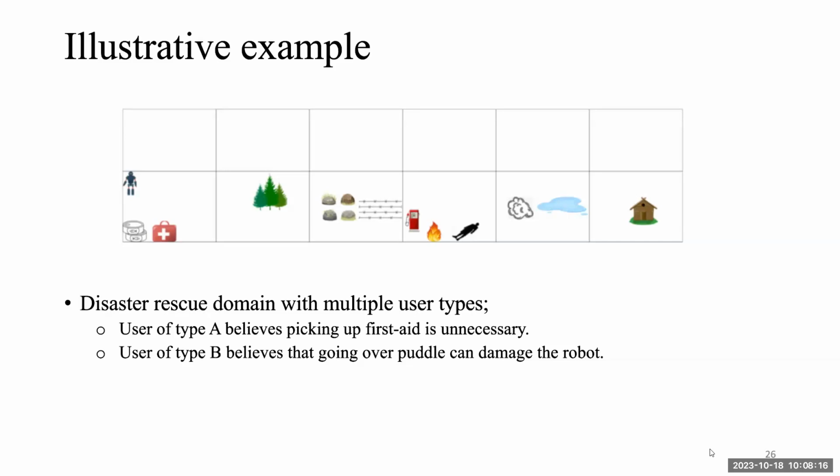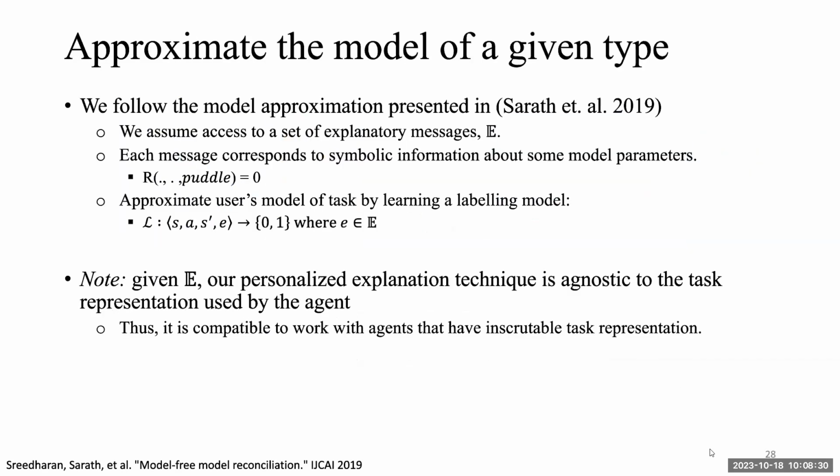So in that big letter E, you also have these different types, like concept-based and salience? No, those are just symbolic explanations. Basically, each of the messages in E will correspond to some information about the underlying task.